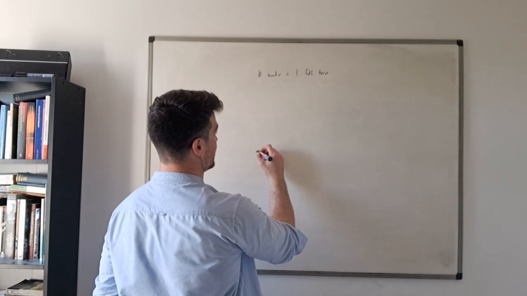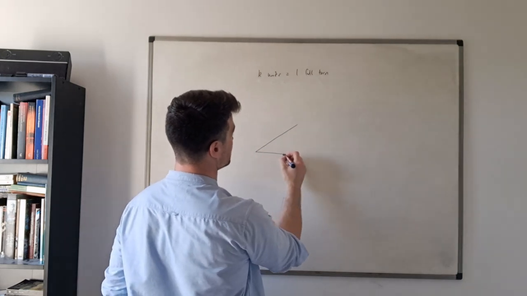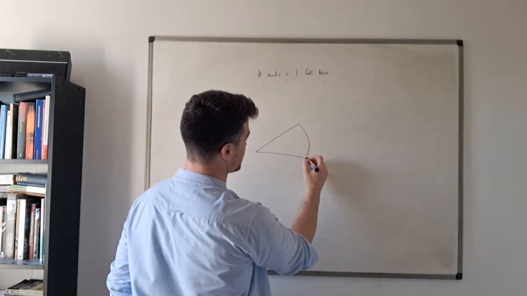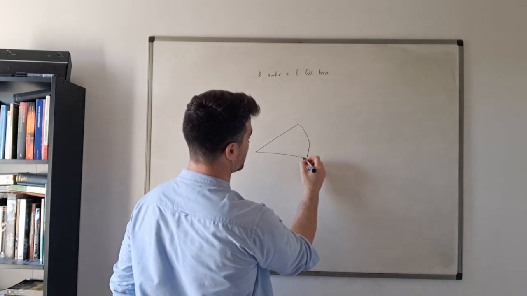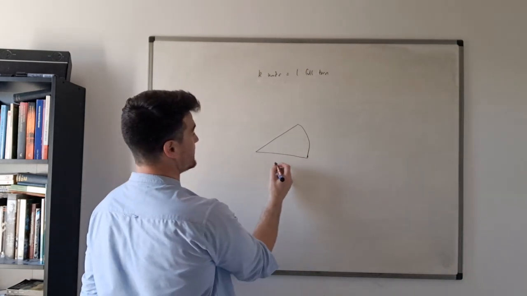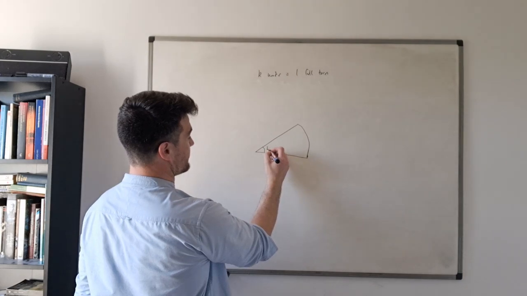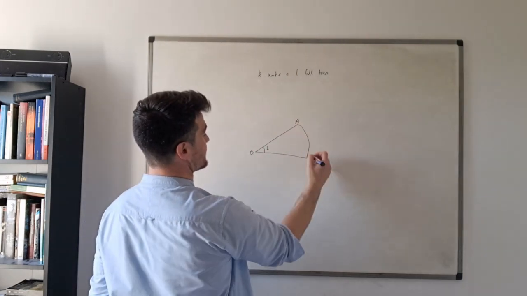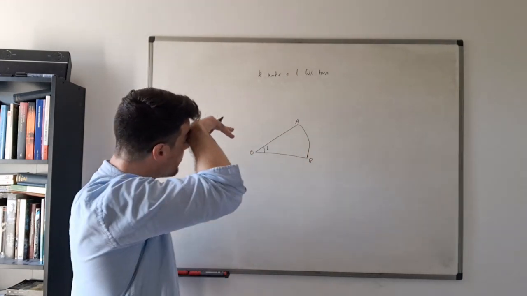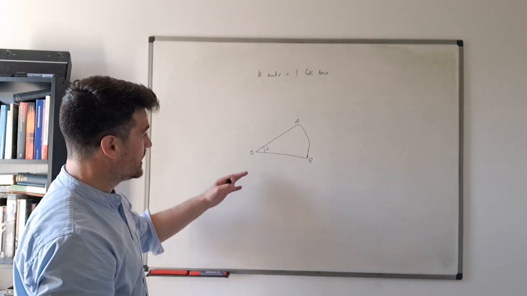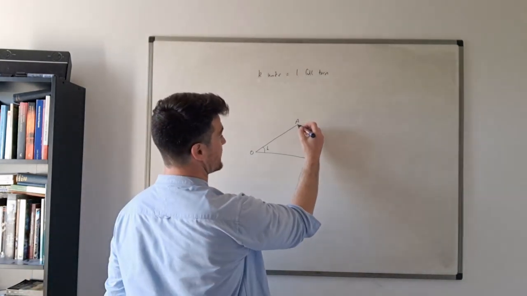So we're going to have a sector of a circle of radius equal to 1, okay? Not very well drawn, but never mind. So that's O, that's A, that's B. And what I'm going to do is form 2 triangles here, 2 right angled triangles.